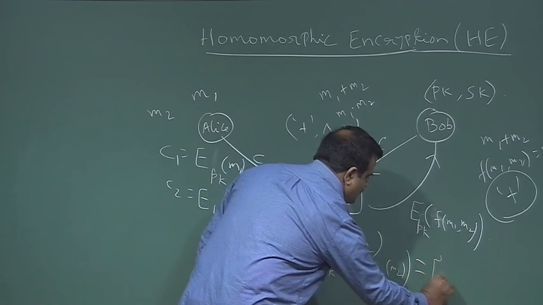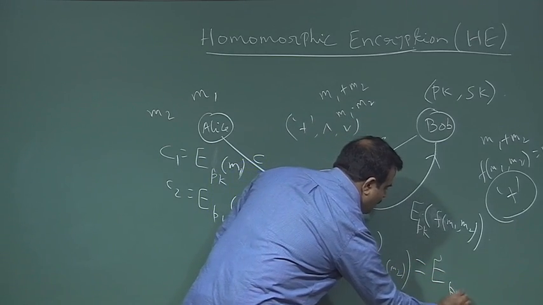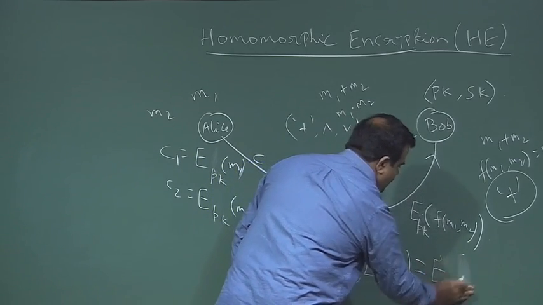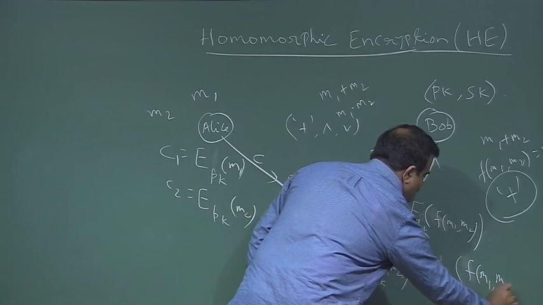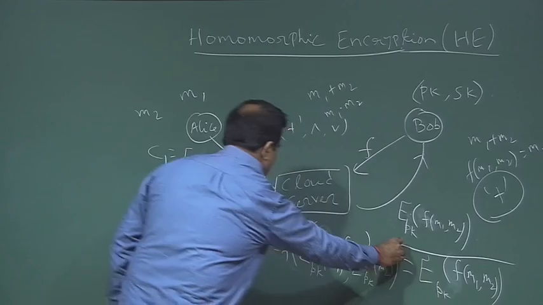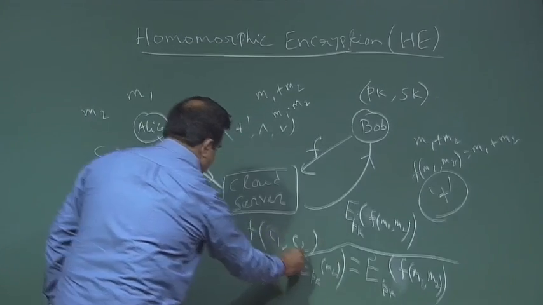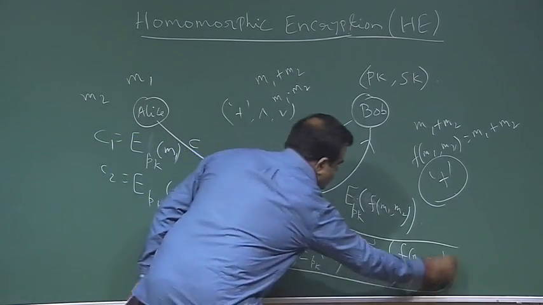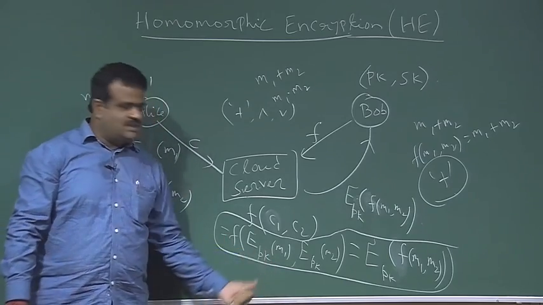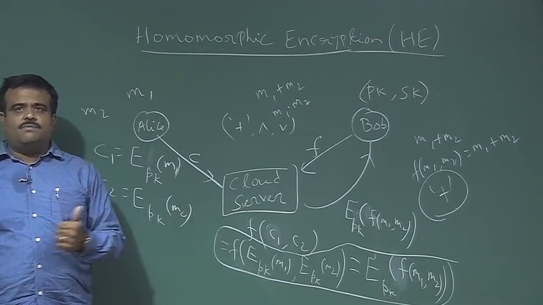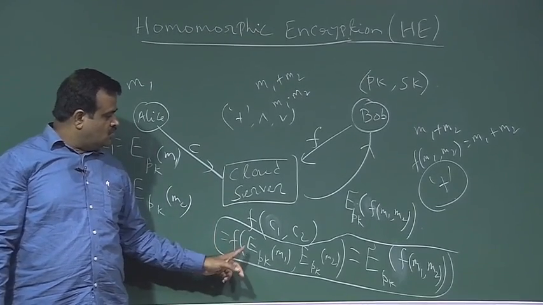So this is E of PK of f of M1 M2. Okay. So this is what we want: this f should go inside. These are the properties of homomorphic encryption. So you want this property.